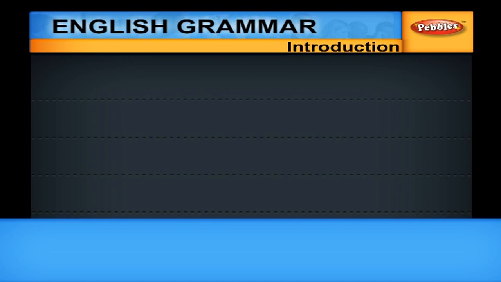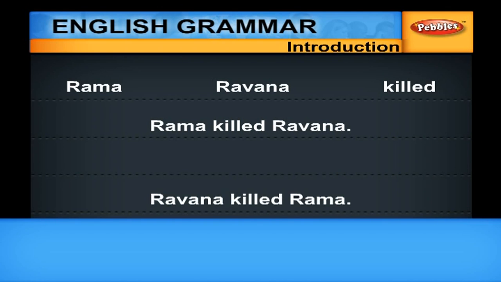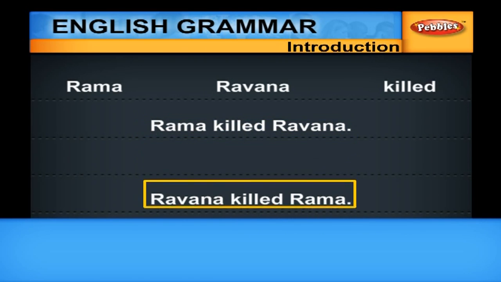Let us take three words: Rama, Ravana, killed. One sentence can be Rama killed Ravana. Another sentence can be Ravana killed Rama. In both these sentences you have the same words but the meaning is different. How does it happen?